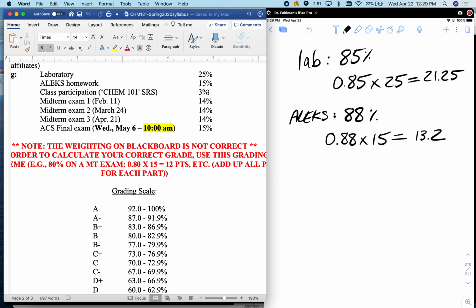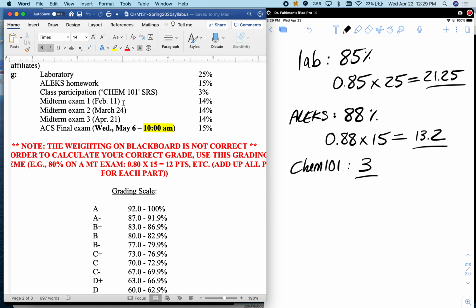I'll kind of take it down from there. If you haven't done anything, you'll get zero. As long as you've done some participation, you'll get like 1 or 2 points out of this. So most of you will get 3 points. And I'm just going to underline everything here.